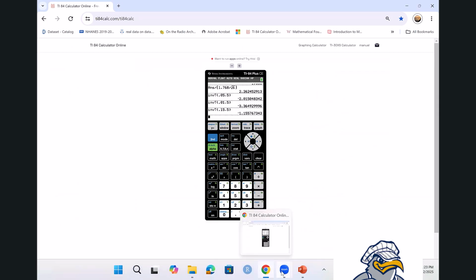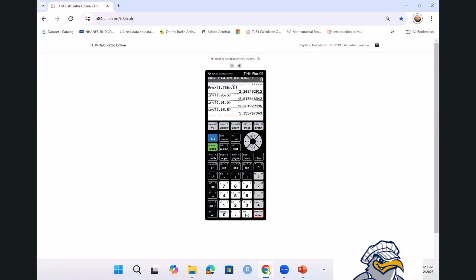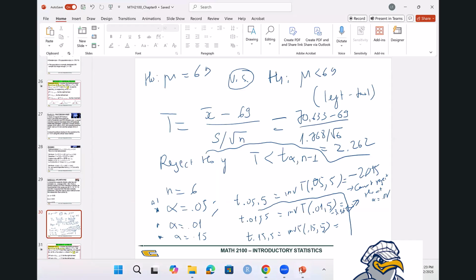Negative 1.156. So again you cannot reject. The same conclusion for all significance levels.